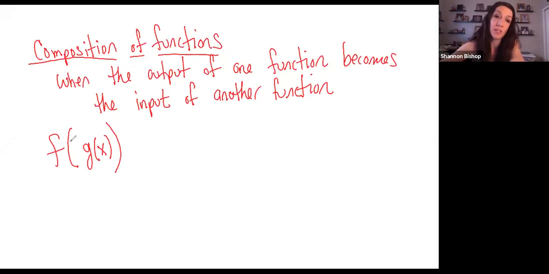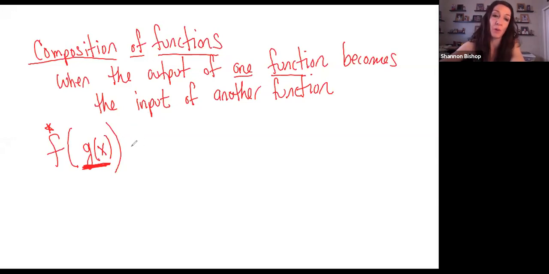Well, notice this time your input inside the parentheses, your input to that function named f, is actually a whole other function that has its own input and output, input x, output g. So you're not just plugging in one thing to this function called f, that one thing is actually the result of this other creature, the other function named g.